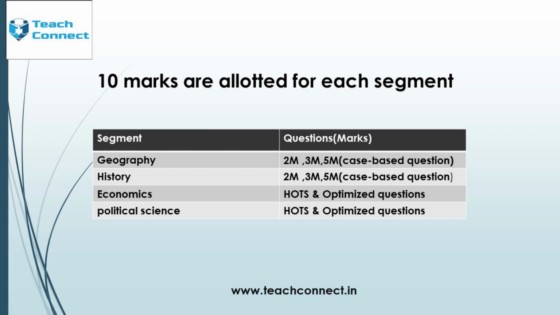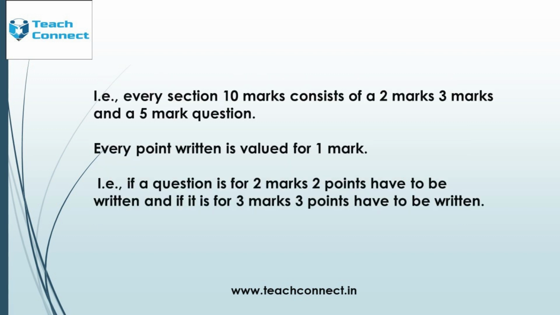Case-based questions are given under the History and Geography sections, while HOTS or opinion-based questions are given in the Economics and Political Science segments. Every point written is valued for 1 mark. That is, if a question is for 2 marks, 2 points have to be written, and if it is for 3 marks, 3 points have to be written.